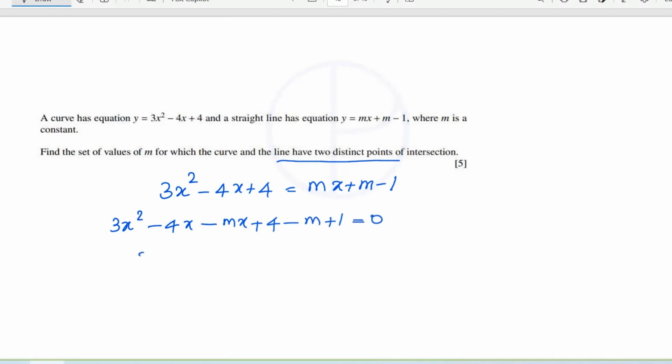This can be rearranged as 3x squared minus (4 plus m) multiplied by x plus 5 minus m equal to 0. This is c.